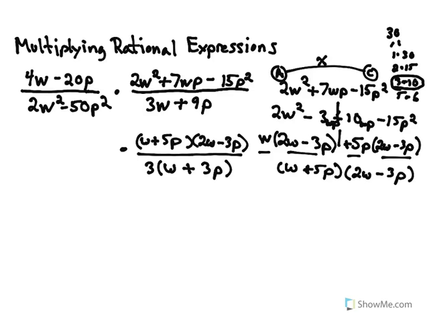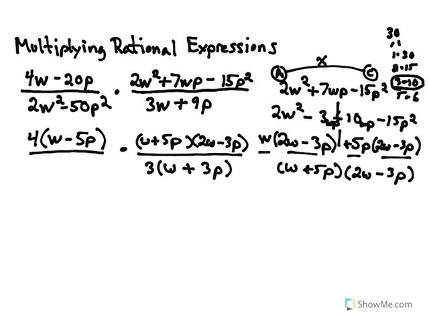And then the left fraction, okay, since both of these are binomials, we'll start with the upper left. Again, the GCF that we can take out would be 4, and then w minus 5p would be left behind, okay?